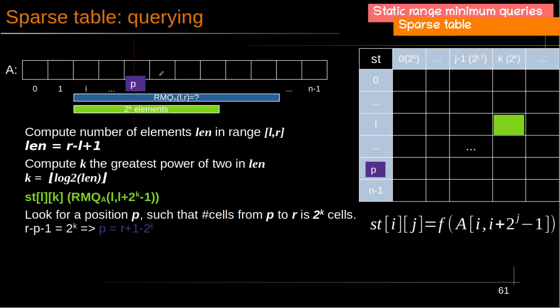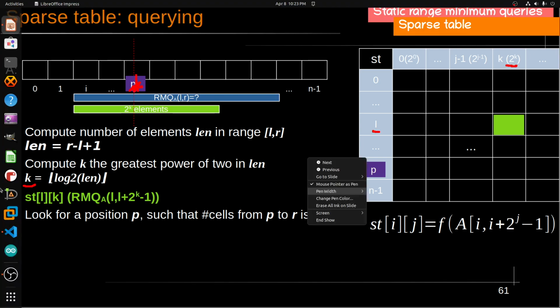So we can compute this p, because we know that the number of cells from p to r is equal to r minus p plus 1. Plus 1, not minus 1 here.